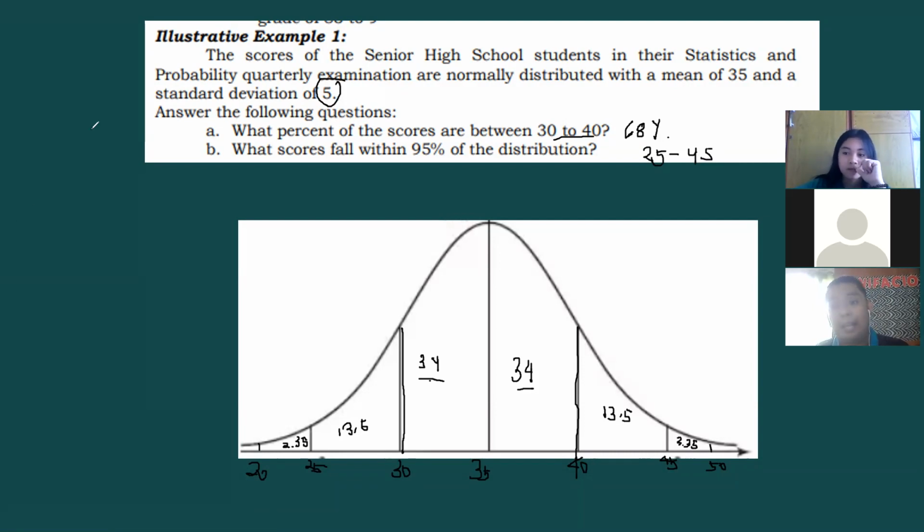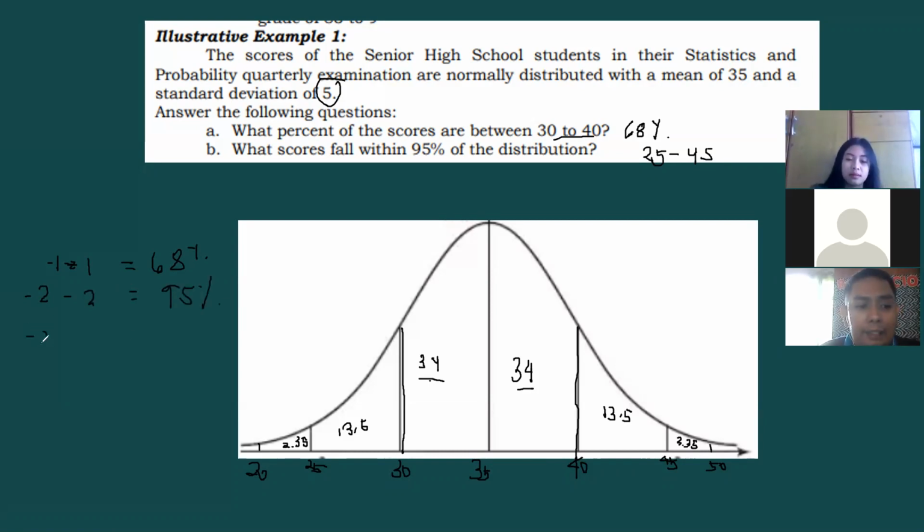Gets po? Okay? So para lang tayo maliwanagan, from -1 to 1, that is 68%. From -2 to 2, that is 95%.